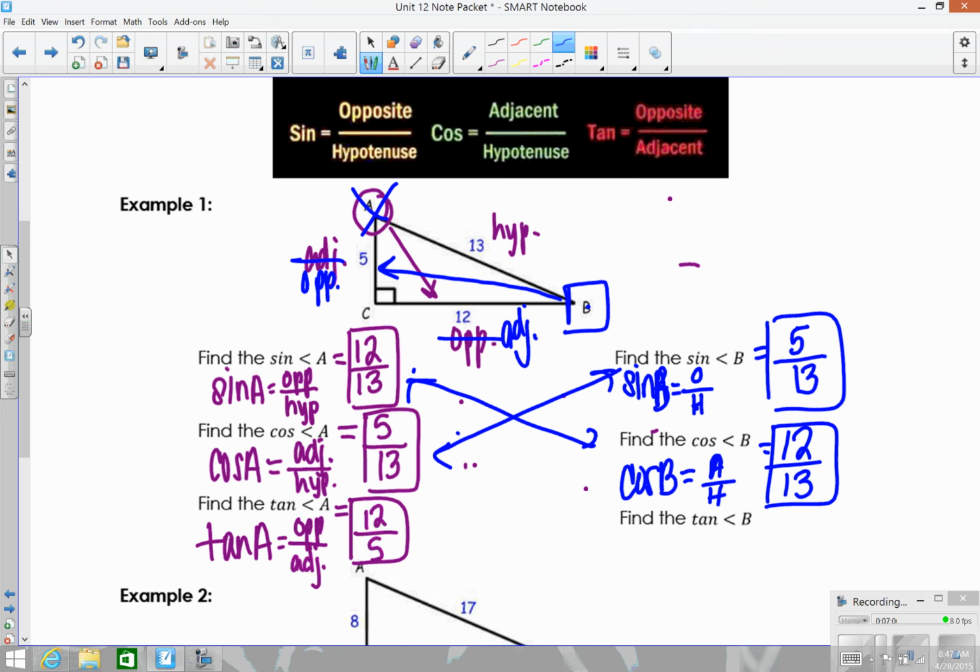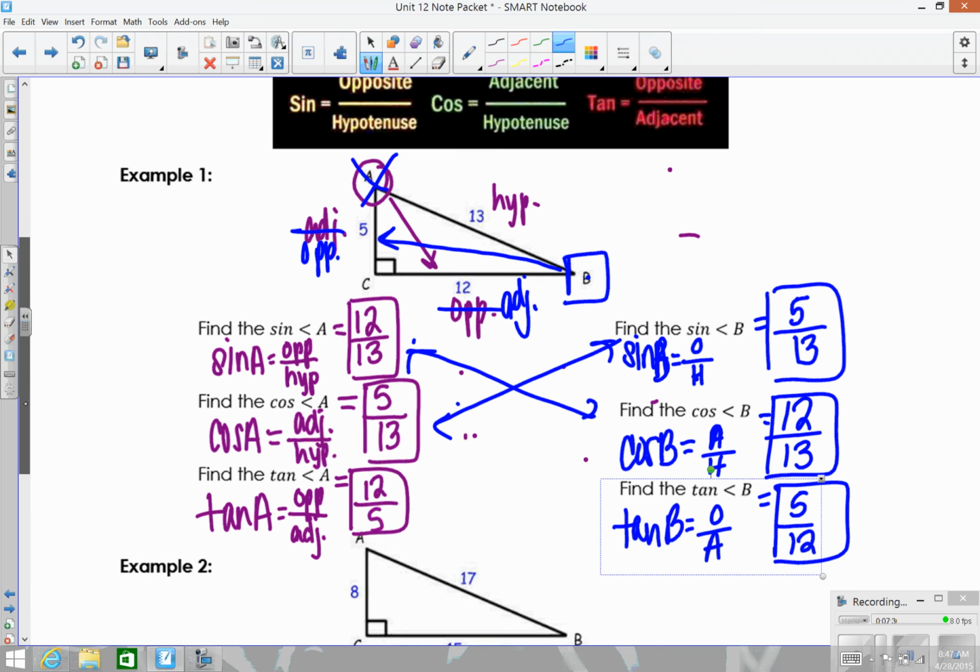So they're equal when they're the complementary angles. And then for tan of B, opposite over adjacent. So we have opposite, which is 5, over the adjacent, which is 12. And if you notice the relationship between these just flipped, because now I'm looking at a different angle.